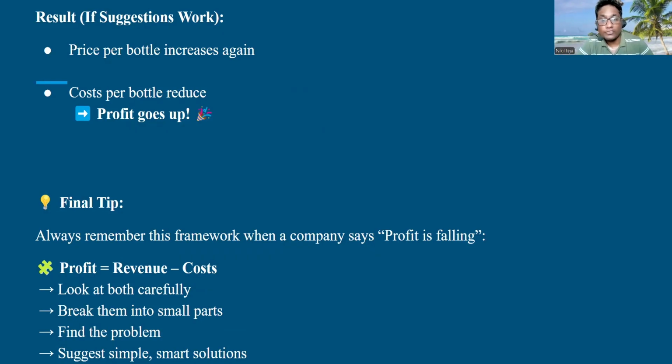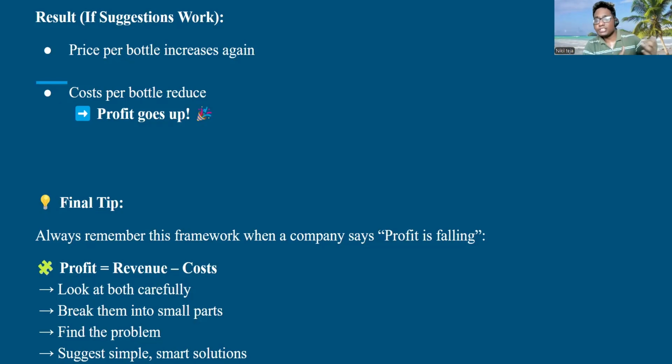Final tip. Always remember the framework when a company says profit is falling. If the client gives any case about profit falling, you remember the profitability framework. That is nothing but breaking down profit into two terms: one is revenue and the second is costs.